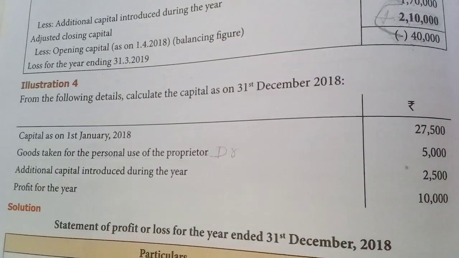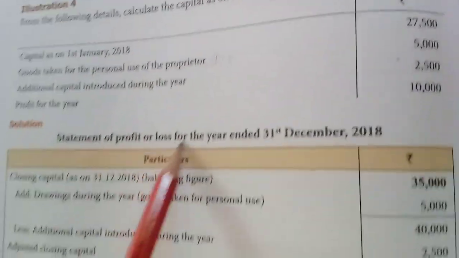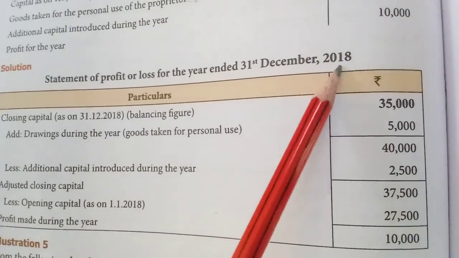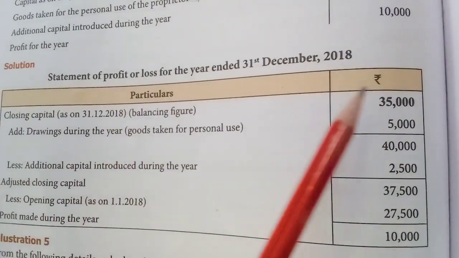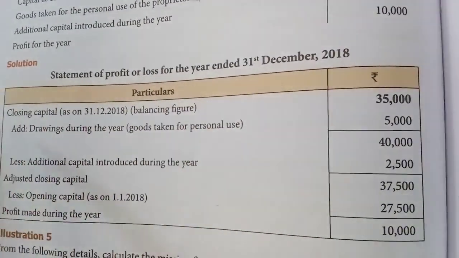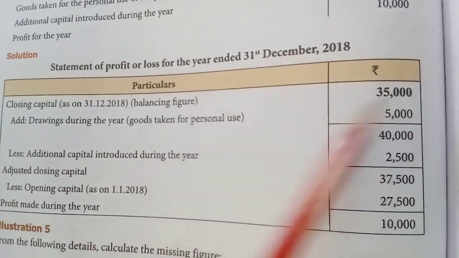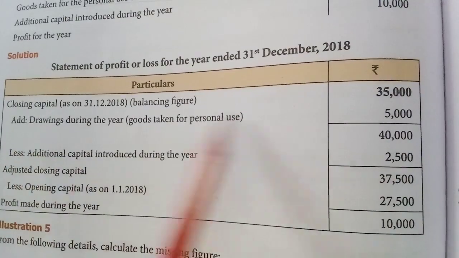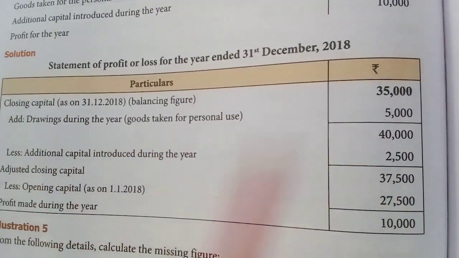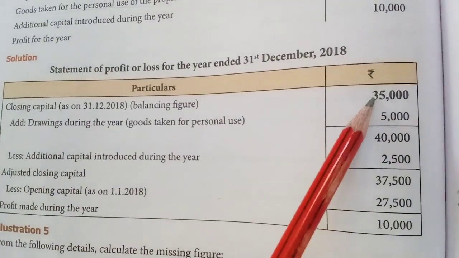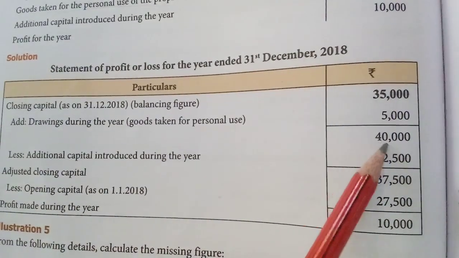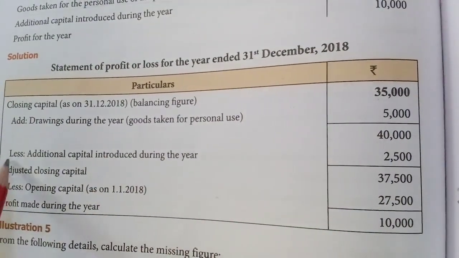We have to calculate. You see the heading, statement of profit or loss for the year ended 31st December 2018. Particulars are given, then rupees written. Closing capital, you should not write any amount, leave as it is. Add drawings, write the amount there. Then draw the line. Since we do not know the closing capital, we do not know this amount also.